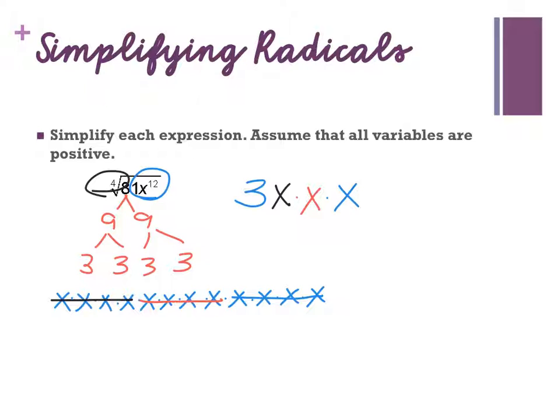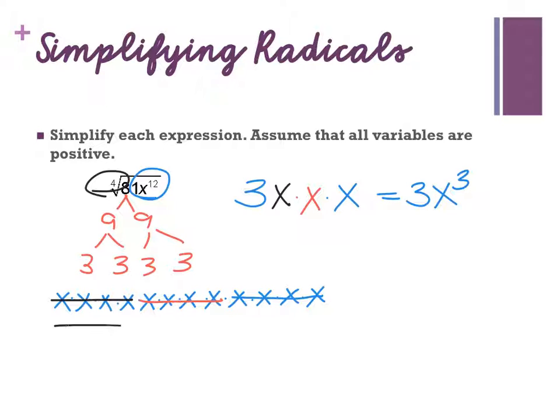So what is x times x times x? x to the third. Are there any numbers or variables left over that don't have a partner? I canceled them all out, right? So there's nothing left underneath the root.